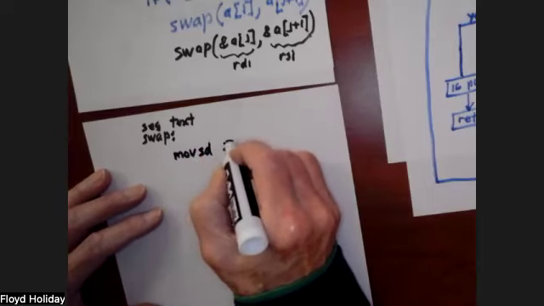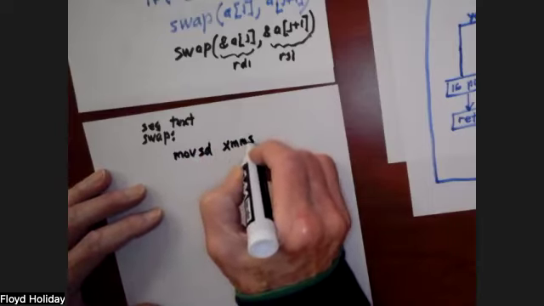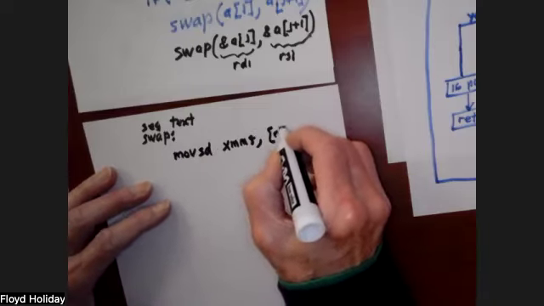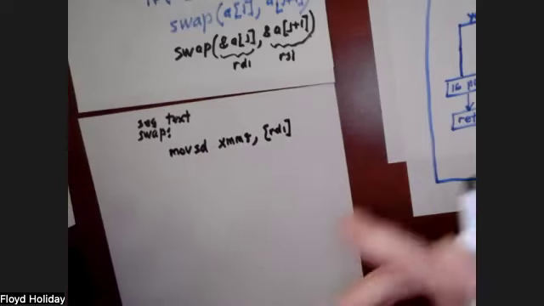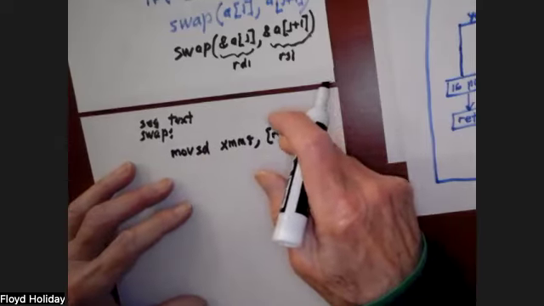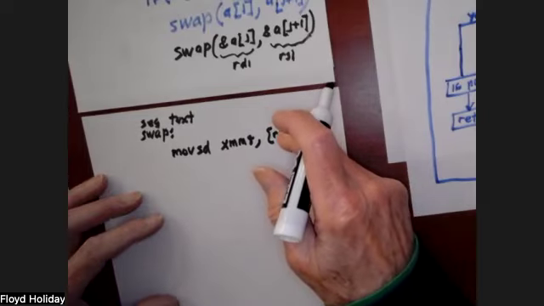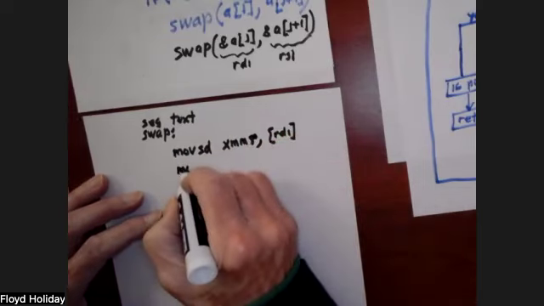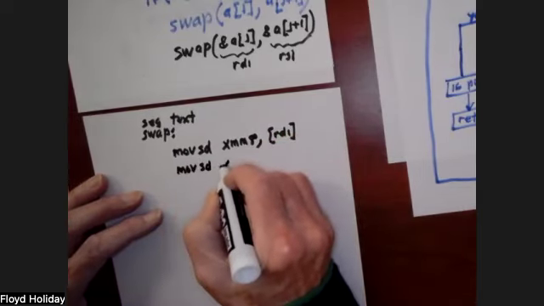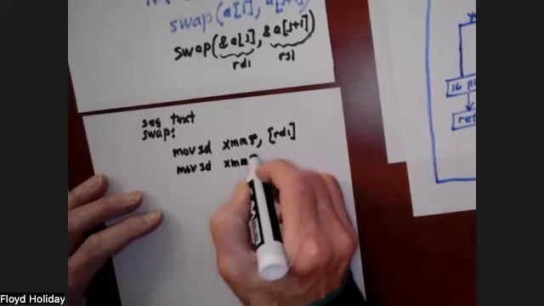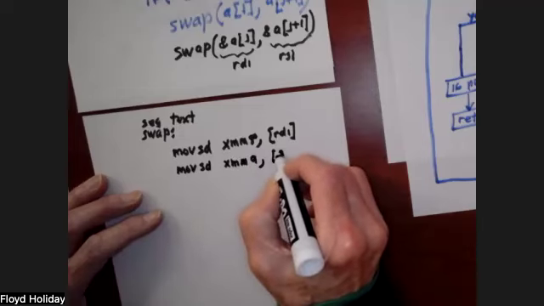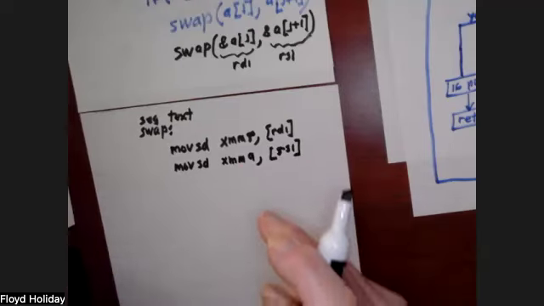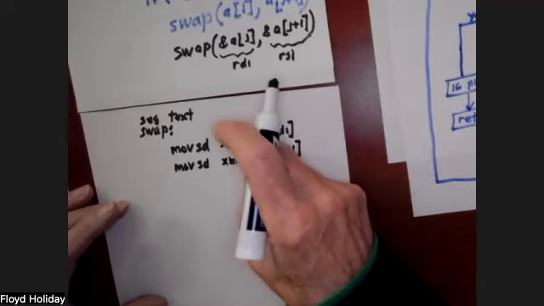MOVSD XMM8, comma, RDI. Previously, you've seen me dereference RSP and get a float number off the top of the stack. That's XMM8. And now MOVSD XMM9, RSI. And now those two numbers are over here, 8 and 9.